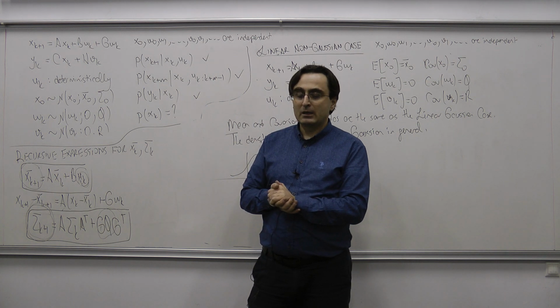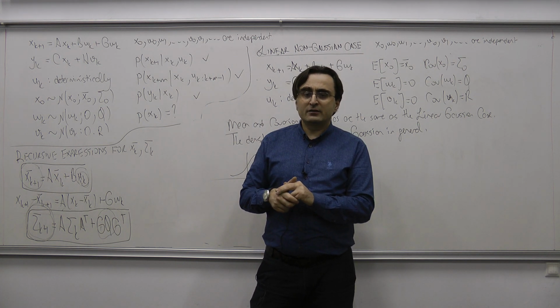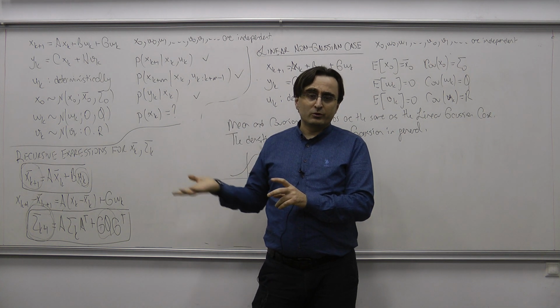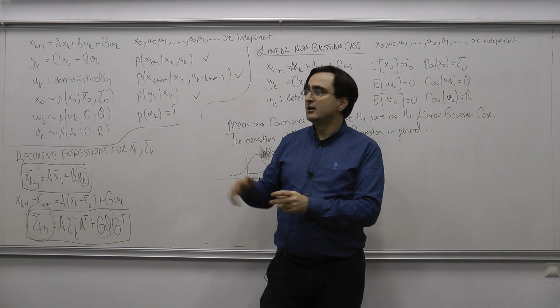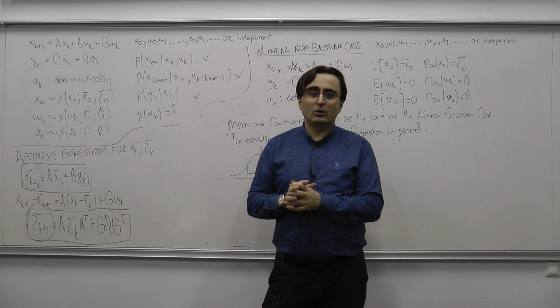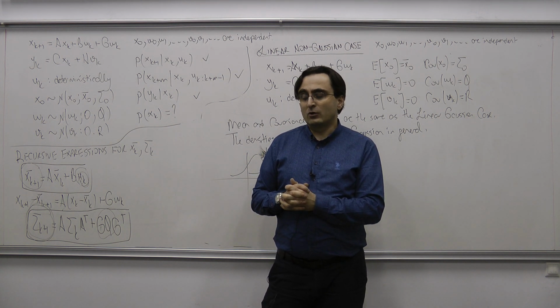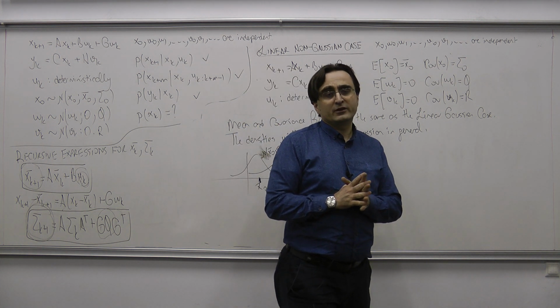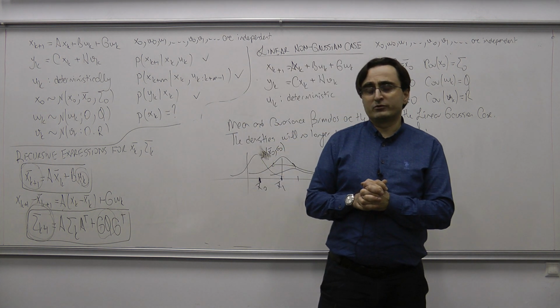We're going to see that for non-stationary processes like this, we will not be able to obtain a Wiener filter, but we will define something called a Kalman filter. So Kalman filter is the generalization of Wiener filter to non-stationary processes.